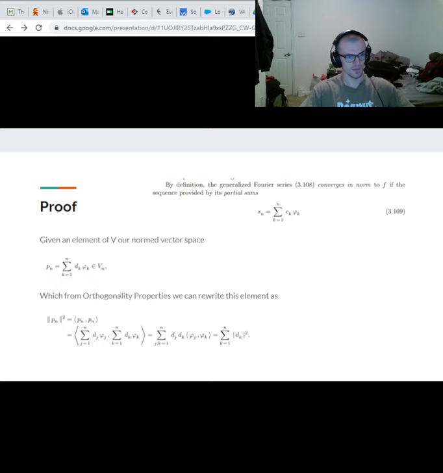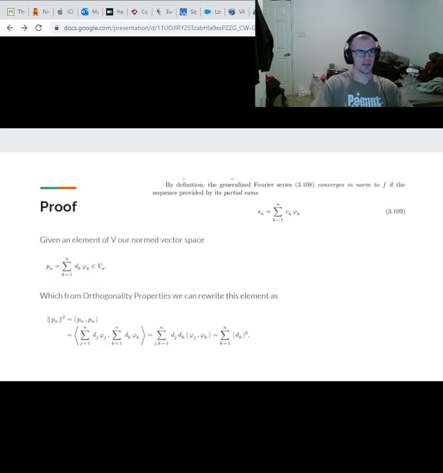And then from orthogonality properties, we can rewrite p sub n using our definition of the equality of the square integral norm and the inner product to define the norm squared of p sub n to equal the summation of the absolute value of d sub k squared.